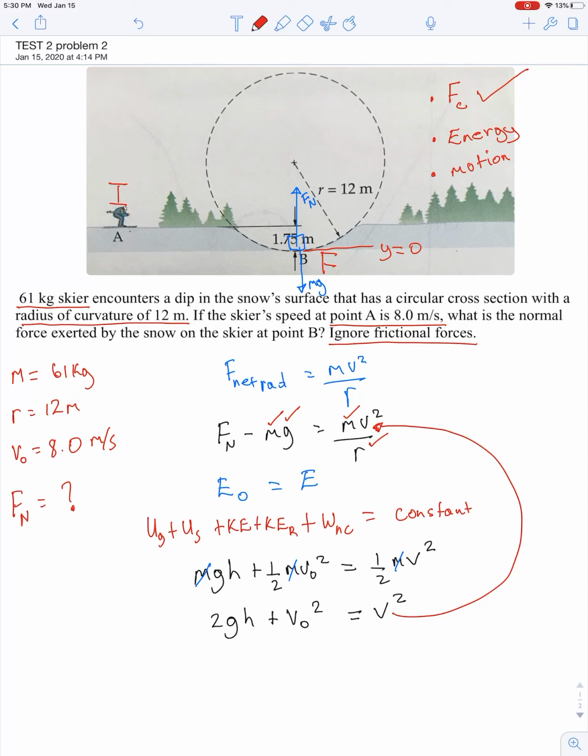If I substitute that there, what you'll have is Fn minus mg is equal to m times the quantity 2gh plus v0 squared. And then I rearrange for Fn. Fn is equal to m times the quantity 2gh plus v0 squared, plus mg.